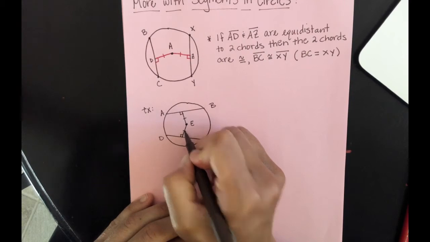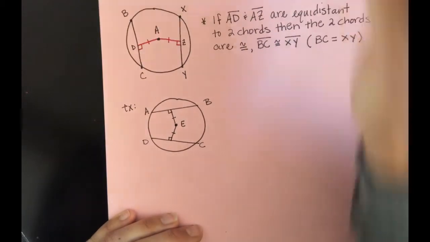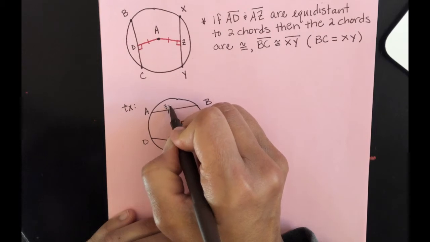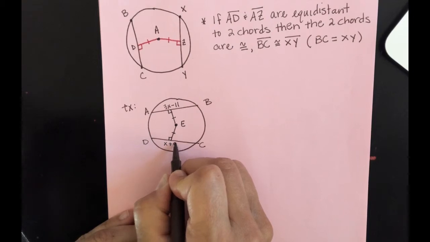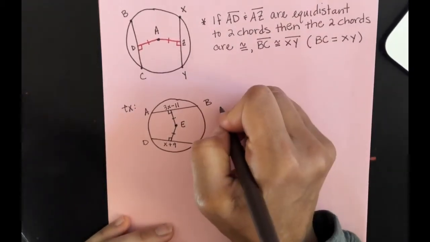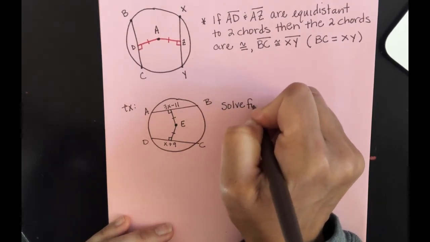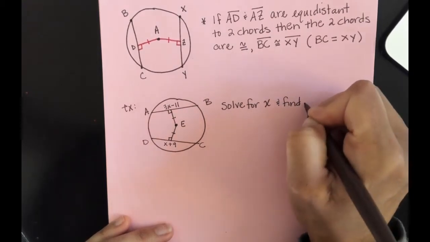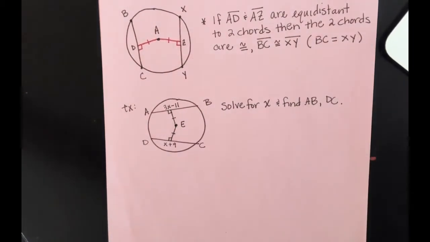They are going to tell you that they're congruent. But what we're also going to look at is this whole length here is 3x minus 11, and this entire length here is x plus 9. And we want to solve for x and find AB and DC. So we want to find the length of AB and DC, which means plug it back in.